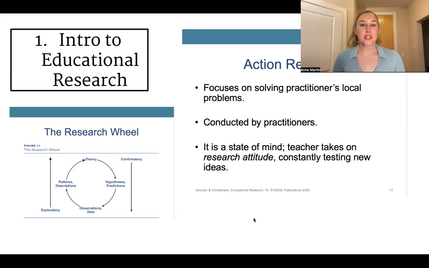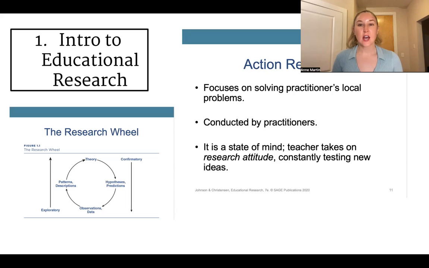Now, action research is something that practitioners do to help them understand, again, the effectiveness of things that they are doing in their practice. So this is something that teachers can do, principals can do, and practitioners in different industries can do as well. So action research is a very circular process where a practitioner tries something new, they collect data, they see if it works, and then they make adjustments, always working to be very inductive in improving their practice.